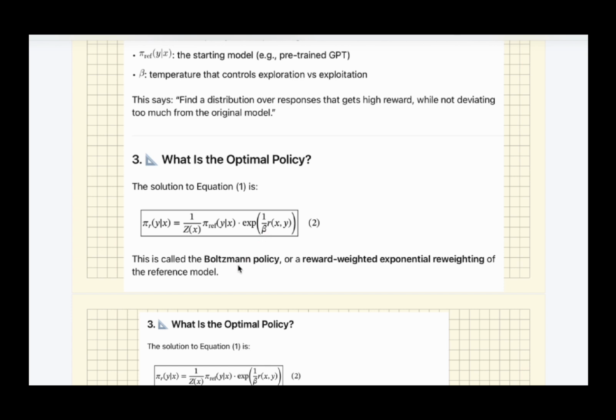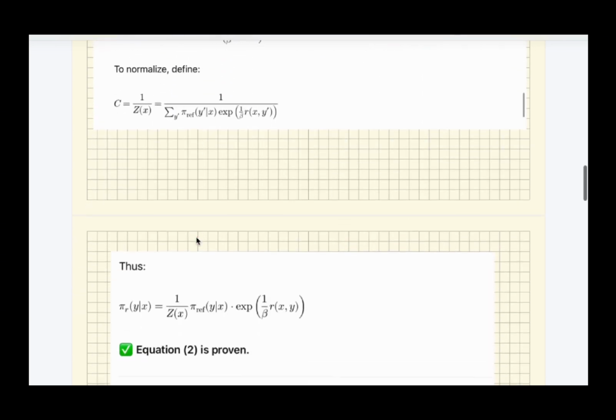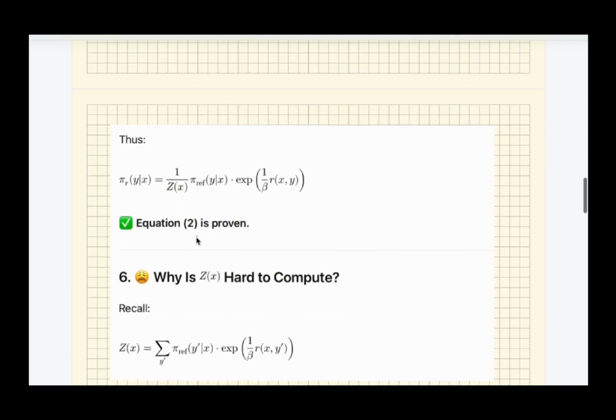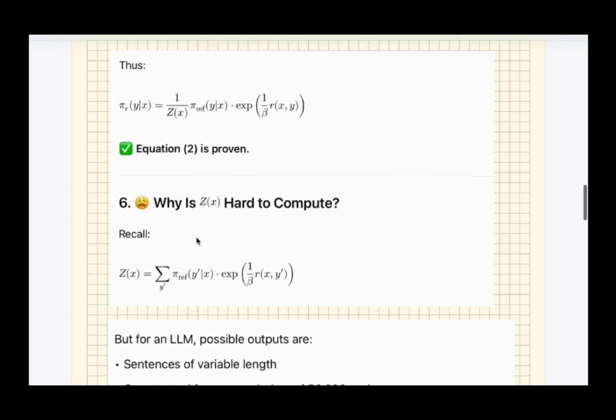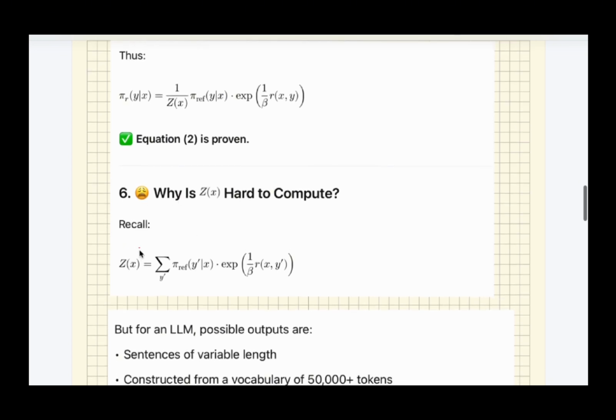But again, what this z of x is and why is it hard? Just to quickly again, let's understand it better. Why is it hard to compute? So this z of x is all possible answers that an LLM can generate for a given context x.